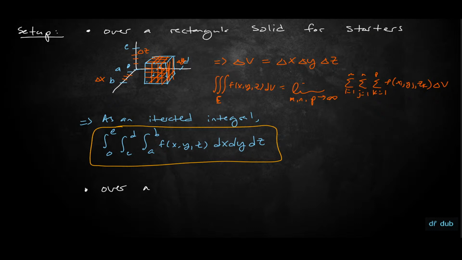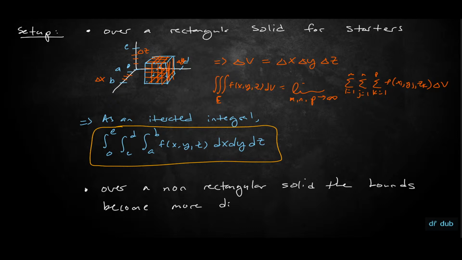Over a non-rectangular solid, the bounds become more difficult to describe. So you have to really put some thought into how to get those bounds.